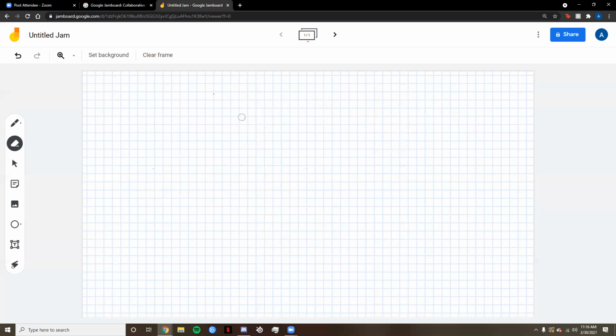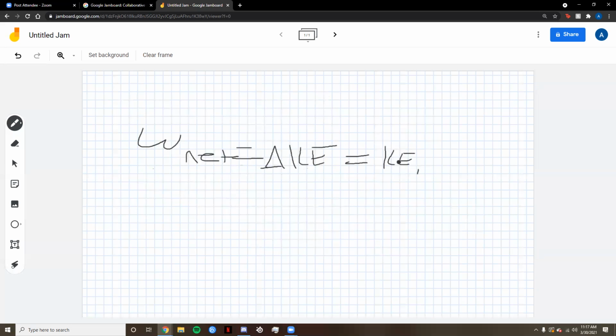The next formula we're looking at is Wnet. I call it Wnet, it has a nice ring to it. Wnet is the change in kinetic energy, and that equals K of F minus K of I. I'm most likely certain that is the correct formula.